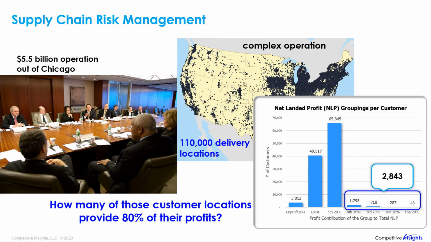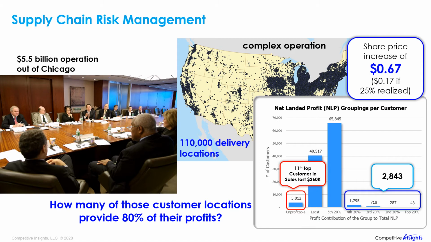But what was also very startling for them is that their customer that was number 11, their 11th best customer, as measured based on revenue, was actually very unprofitable. They had no idea. So having that kind of information to reduce costs and complexity, understanding the true financial performance of each customer, led to some very happy shareholder results.